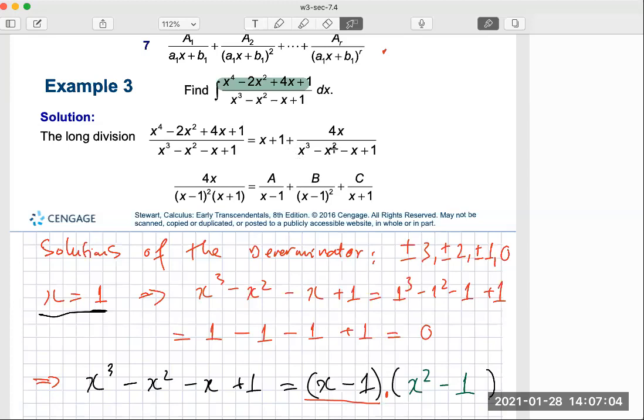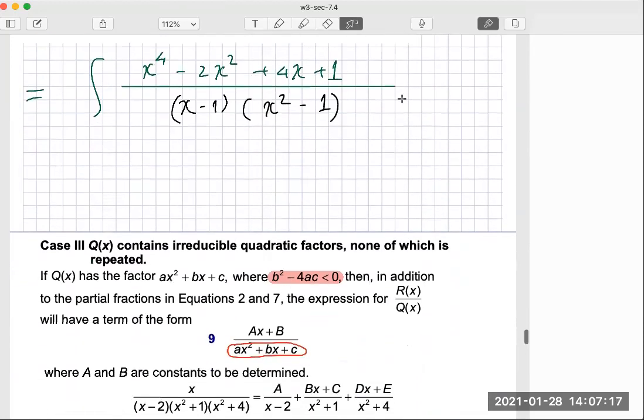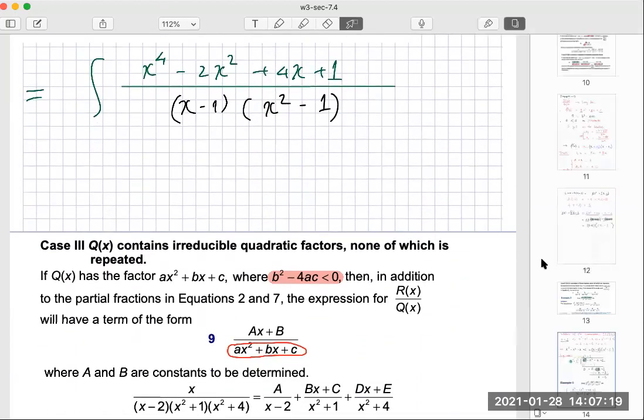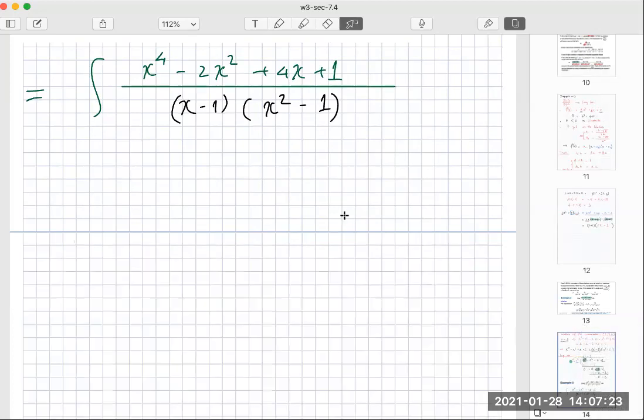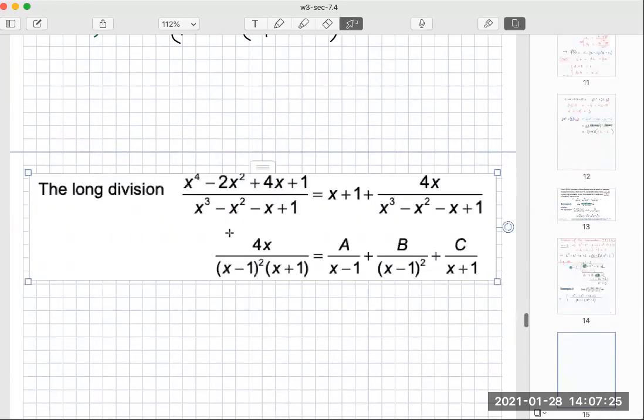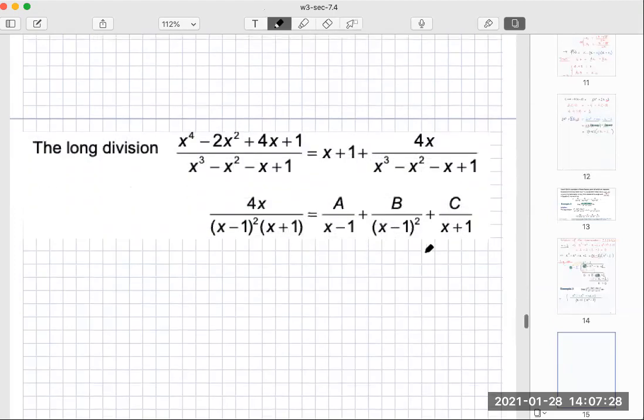They do long division first, and this rational function here is proper, so we can write it in this way. So let us follow their strategy here. It's better, I believe. But anyway, let us focus on this.